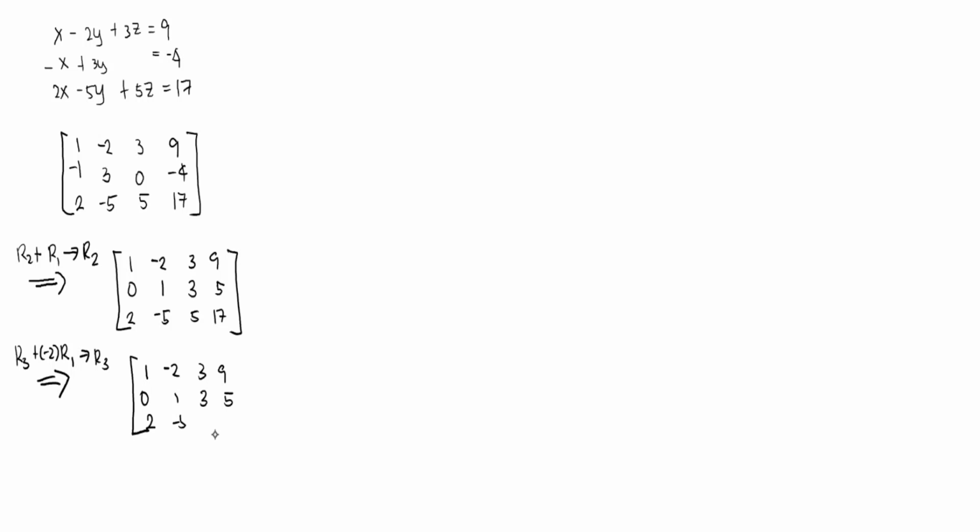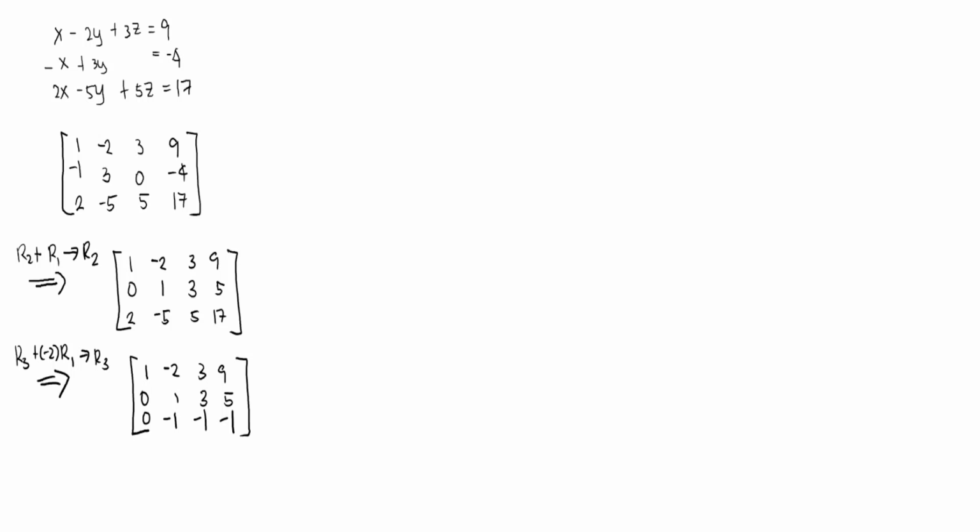So again, to produce new R3, we multiply the first row by negative 2 and then we add it to row 3. So this 1 times negative 2, so that's negative 2 plus 2. So this becomes 0. And then we multiply this by negative 2, so that is 4 plus negative 5, so that's negative 1. We multiply this by negative 2, so that is negative 6 plus 5, so that's negative 1. And then times negative 2, this is negative 18 plus 17, so that's negative 1.